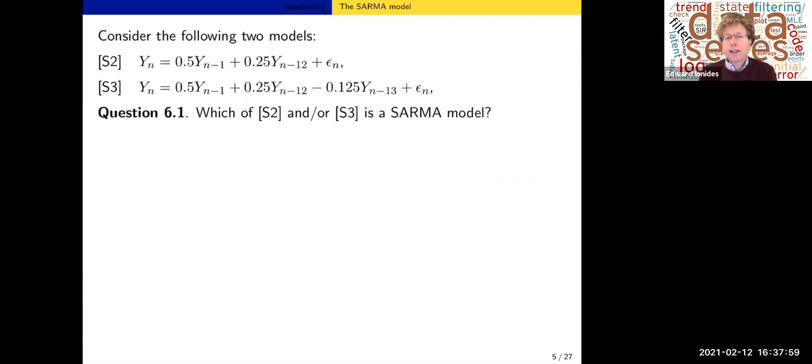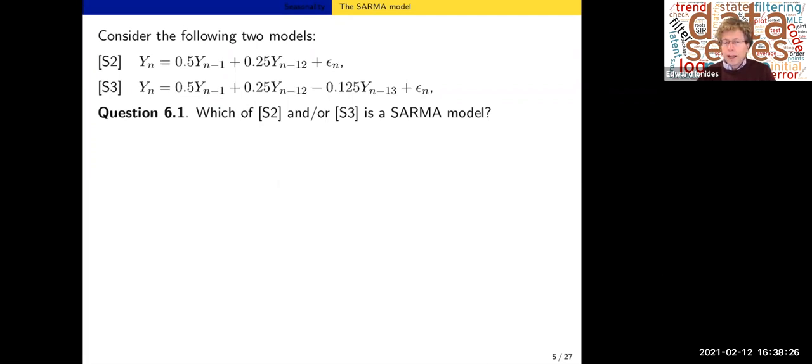So that sort of seems like it has a monthly and an annual part. S3 has an extra term of minus a quarter y n minus 13. And so here's the question, which of these is a SARMA model, either one or both?